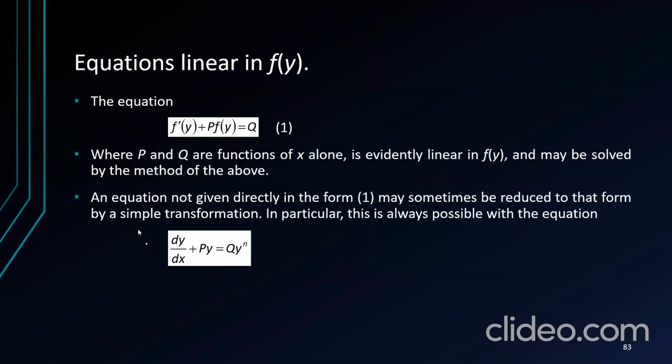So an equation not given directly in the form of 1 may sometimes be reduced to that form by a simple transformation. And in particular, this is always possible with the equation y prime plus p y equals q times y exponent n.